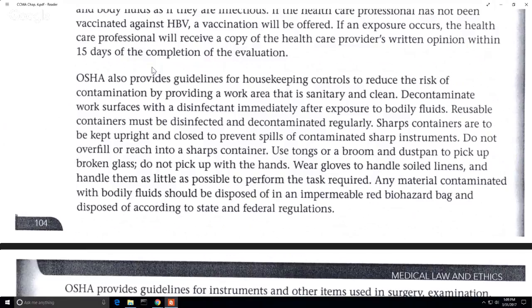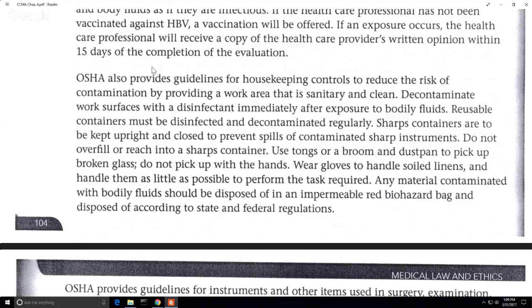Any material contaminated with bodily fluids should be disposed of in an impermeable red biohazard bag and disposed of according to state and federal regulations. See, in every office, we have sharps containers and this red bag.